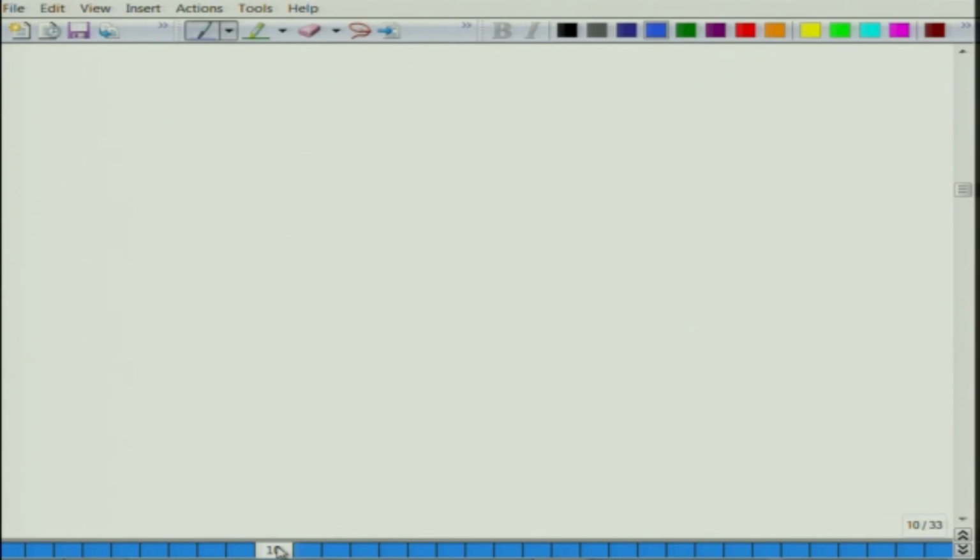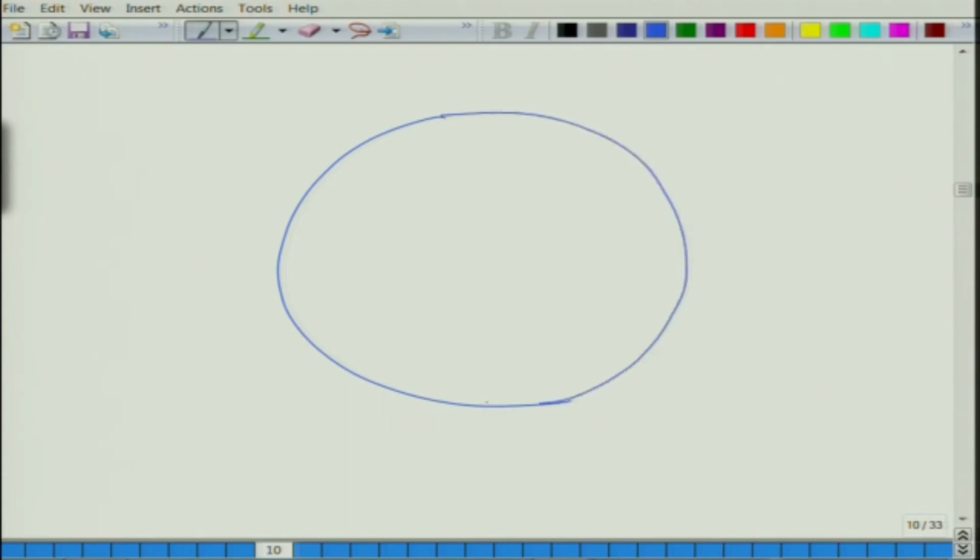So, now let us draw an earth. Good enough. Now, we have the center here and let us say this is the equatorial plane.